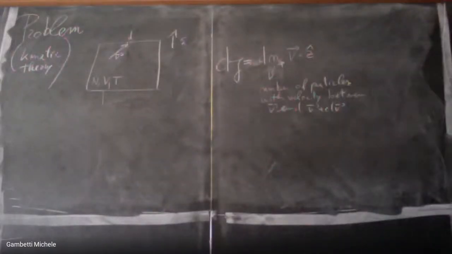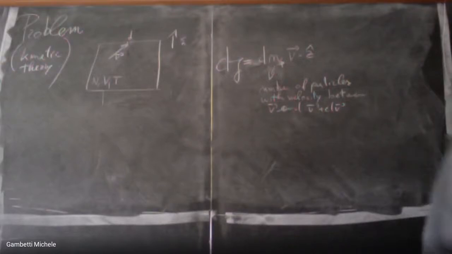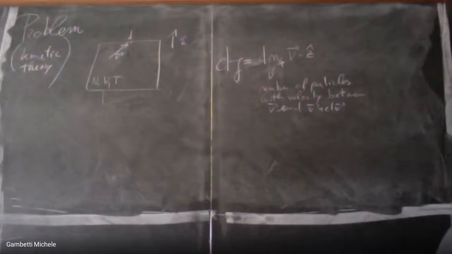So dj is equal to v scalar z, and then dn. Number of particles.